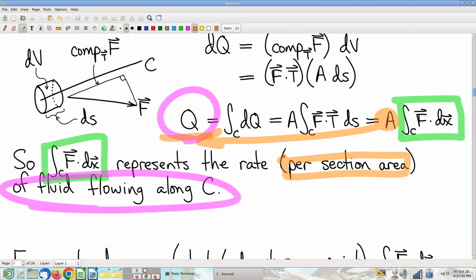In other words, depending on how much around your curve you're interested in, of course that cross-sectional area is going to matter. The line integral represents the extent of the fluid flowing along the curve. So weird, again, this is a question we've never asked before, but this is what line integrals mean in the context of fluid flows. And it looks like we're out of time.